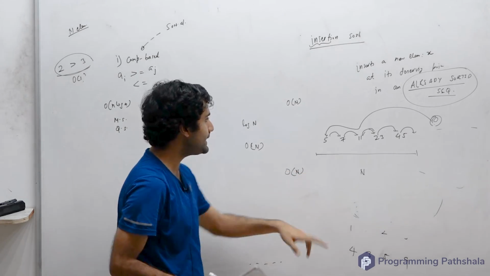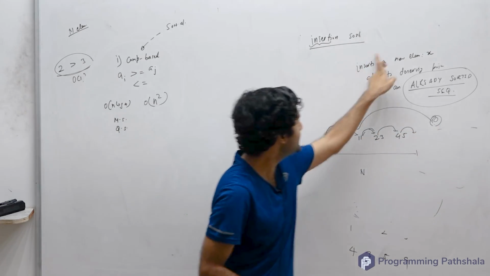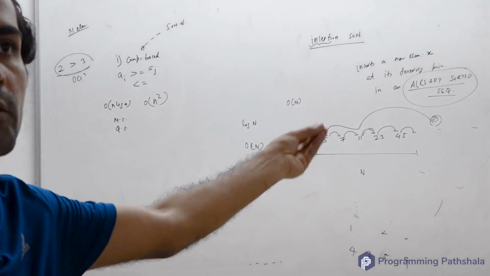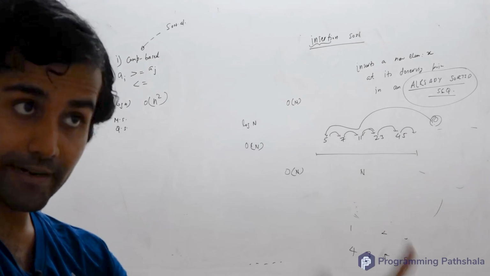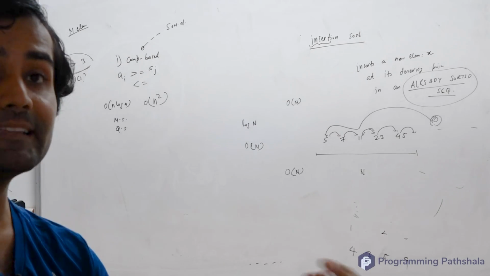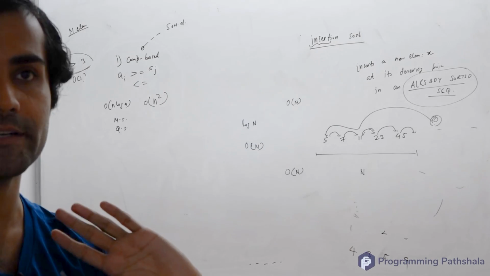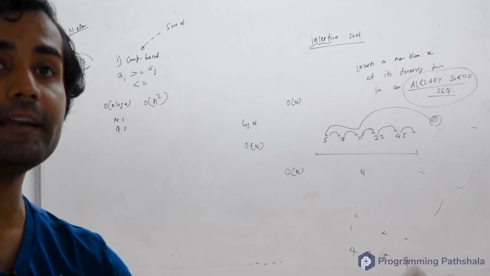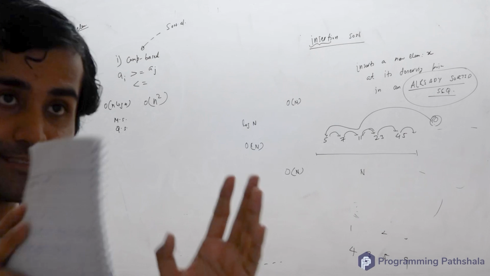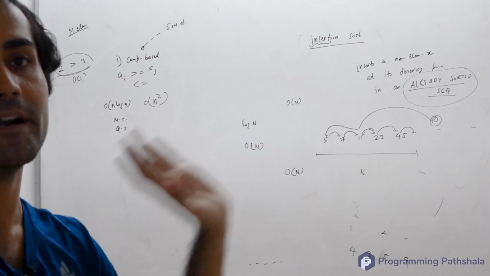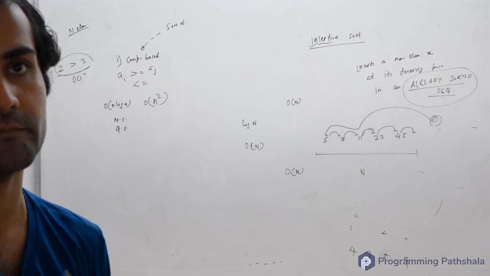So a new element comes, I already have a sorted array, and I position that new element at its deserving location such that the resultant array is also sorted. That operation takes order n time, where n was the size of the array.